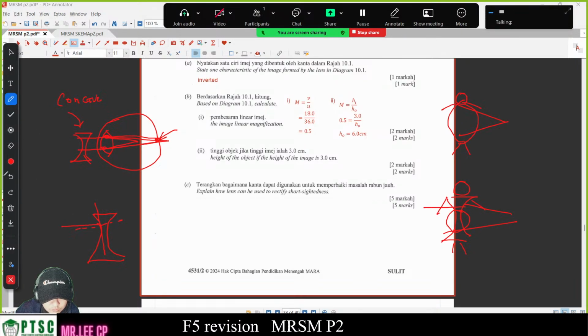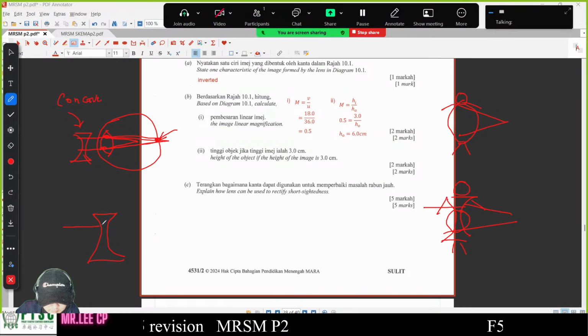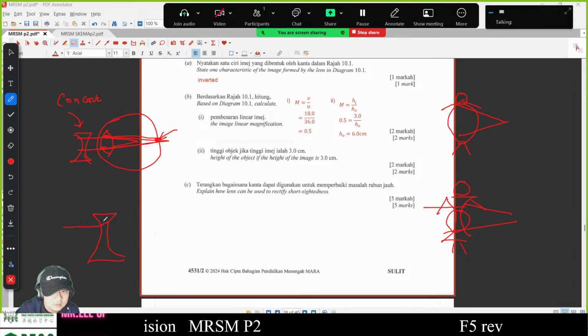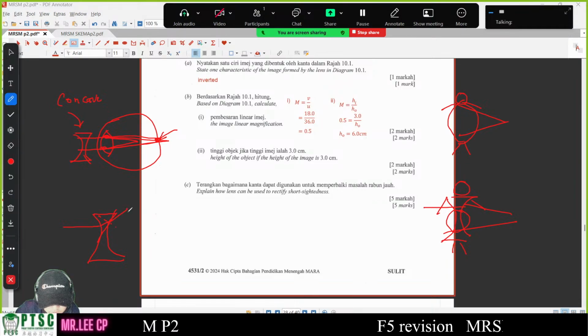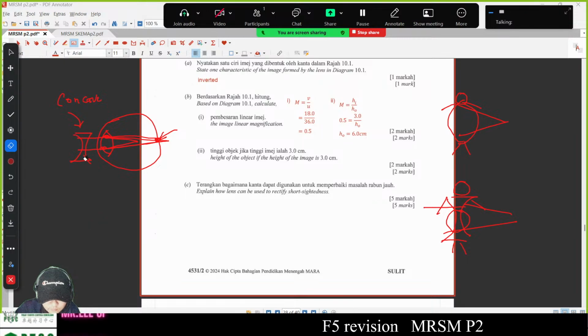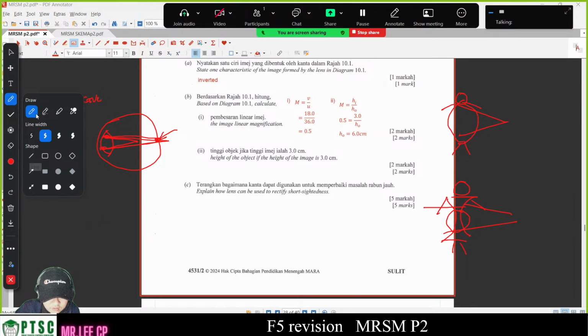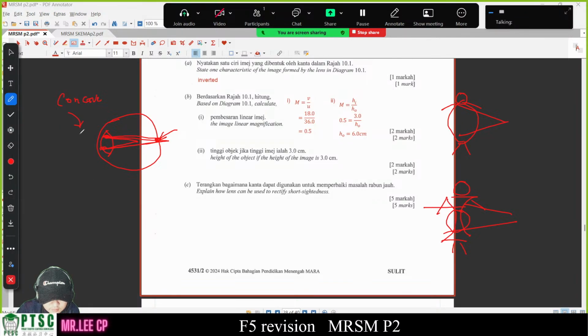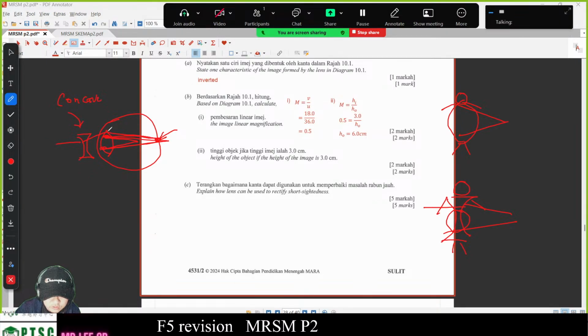When the light comes out, this is tangent, this is normal, so you will bend away from the normal. That's why, when you are using the concave lens, the light will go up and then hit here and go up here, so it can go further.